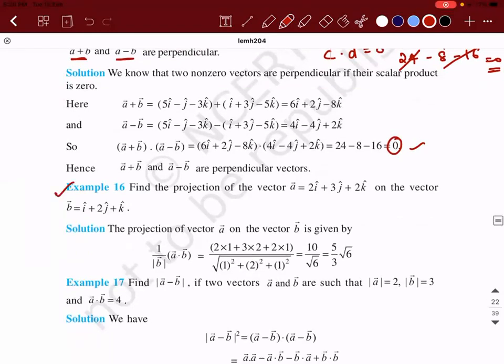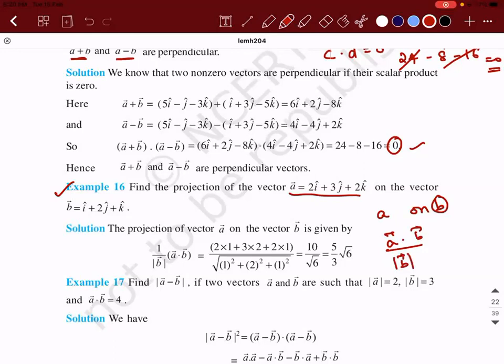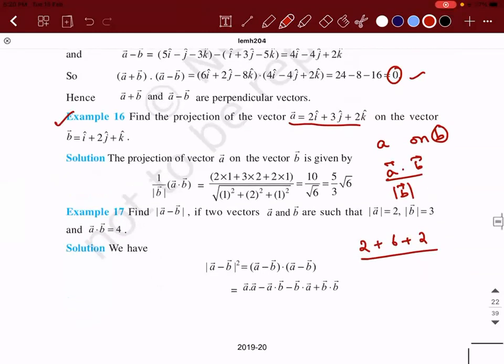Sixteenth. Find the projection of vector A on vector B. So what is it? A on B means A vector dot B vector divided by magnitude of B vector. So what is A dot B? Tell me, guys. 2 plus 6 plus 2, the whole divided by square root of 1 plus 4 plus 1.